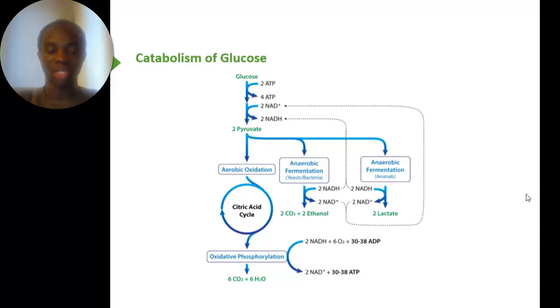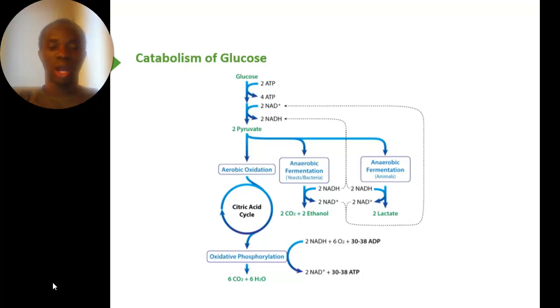I will explain all of that, and we'll also discuss what happens if oxygen is absent and you have anaerobic fermentation, both in animals and in yeast or bacteria. So in the next video, I'll be discussing the first stage, which is glycolysis, the conversion of glucose to yield 2 pyruvate molecules.